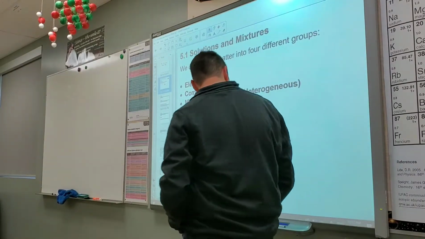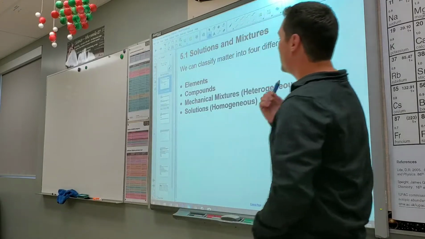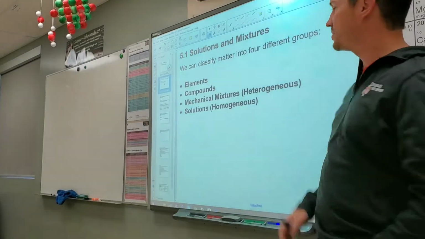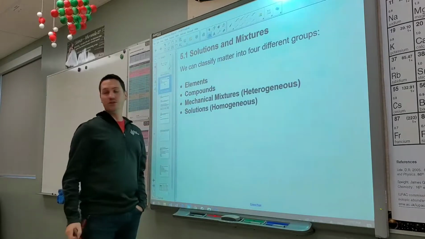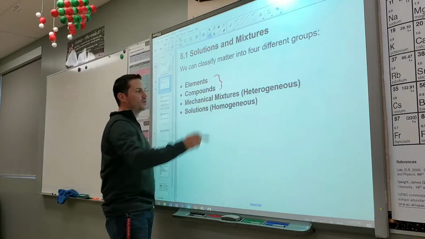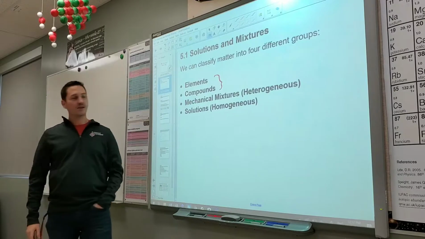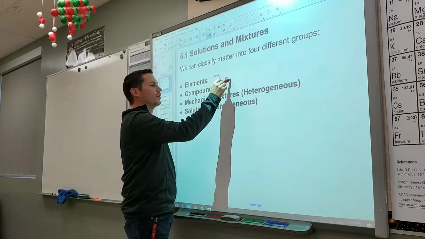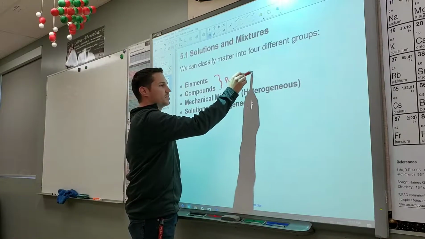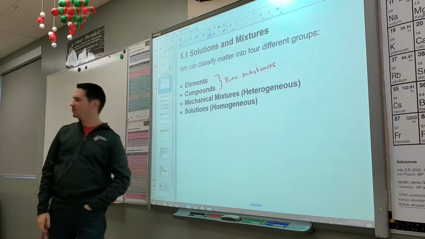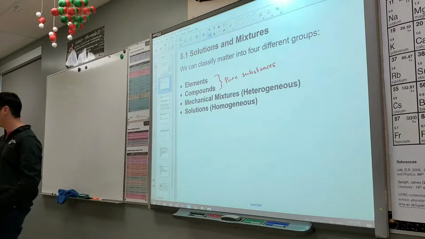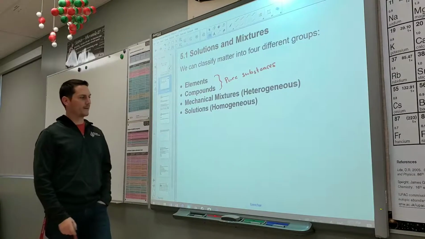So, we can classify matter into 4 different groups: elements, compounds, mechanical mixtures, and solutions. These first 2, I want you to be specific, are both pure substances. I'm going to draw some pictures today so that you understand what is going on here.